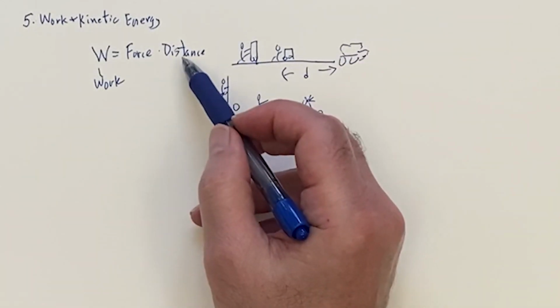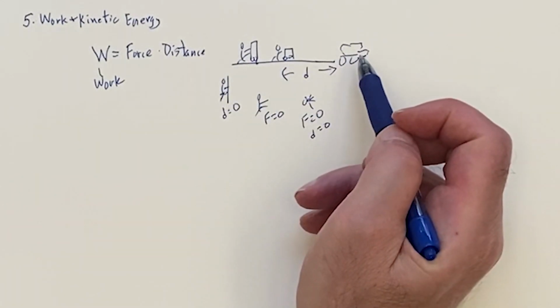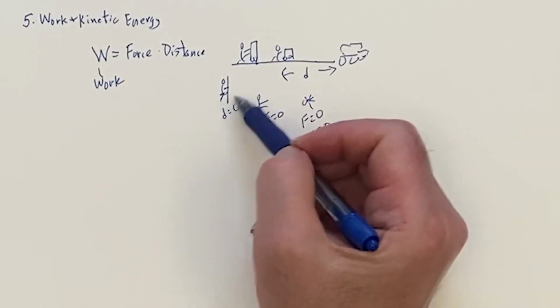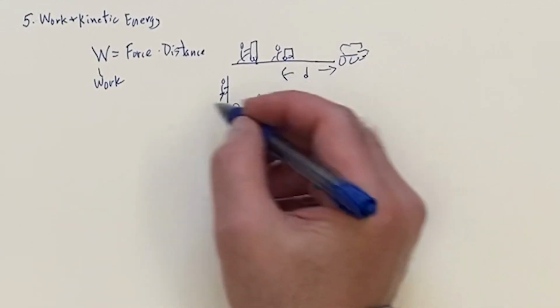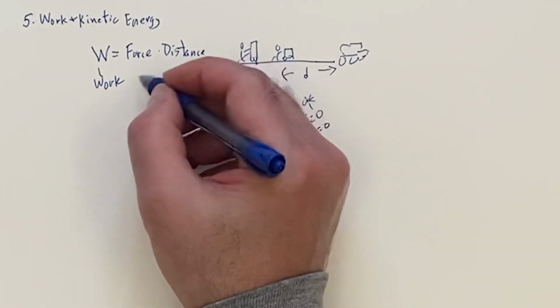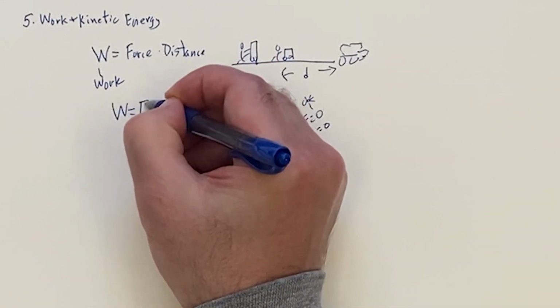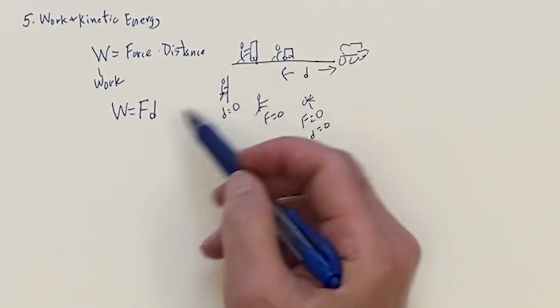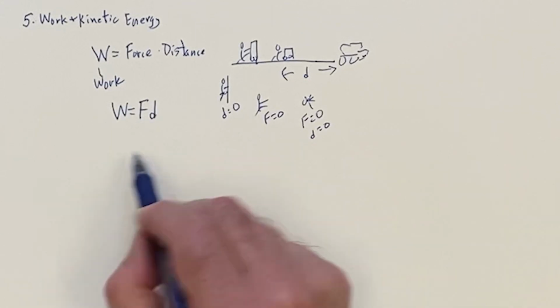So if you don't push the things to the van or to the semi, and you don't have a force, then you're going to get no money for your work. So that's your work. It's force times the distance. And if you apply the force at a different angle, this means in the direction.